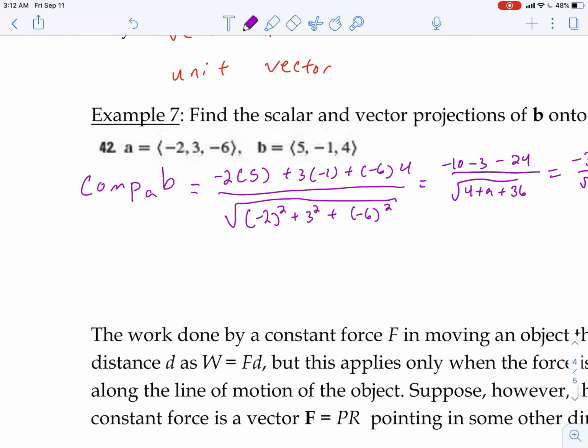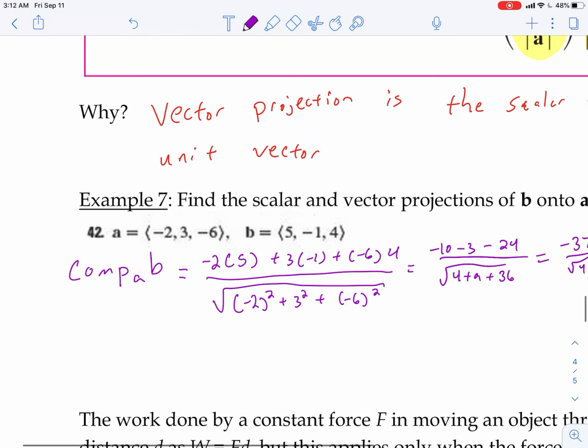And now what we want to do is find our vector projection.